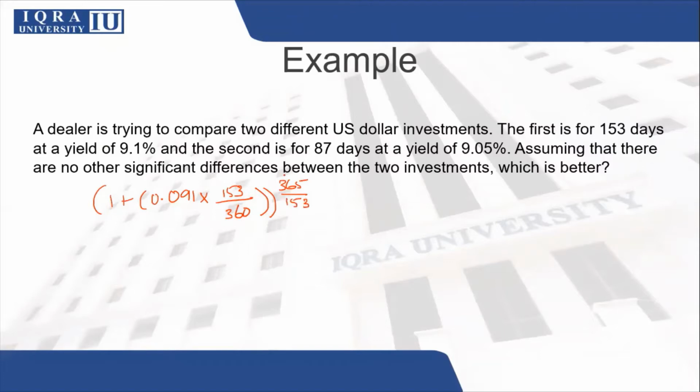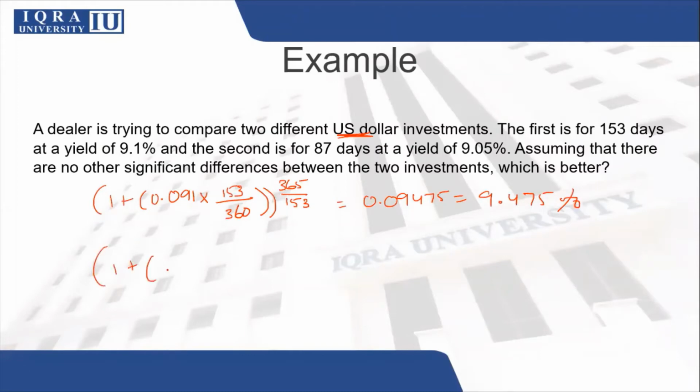We're using 365 over here because there are 365 days in a year, and we're using 360 over here because this is a US dollar investment. So if you calculate this, you would get 0.09475, which is 9.475%.